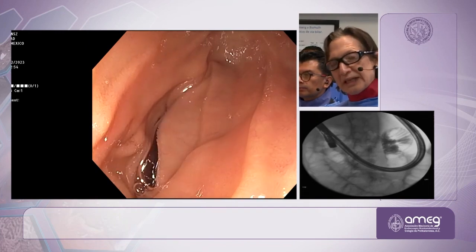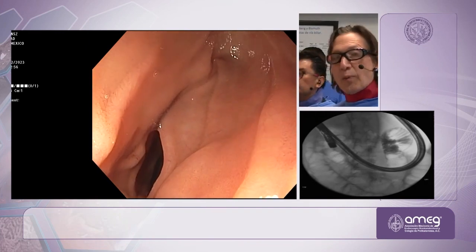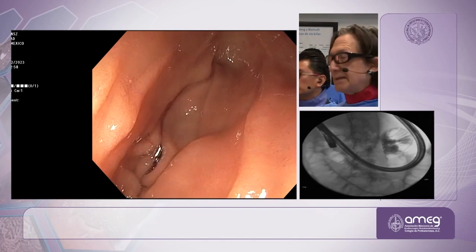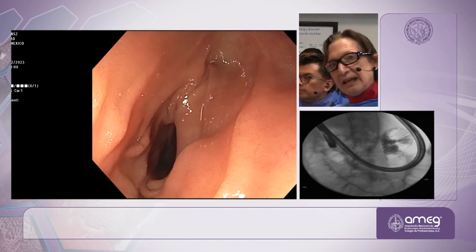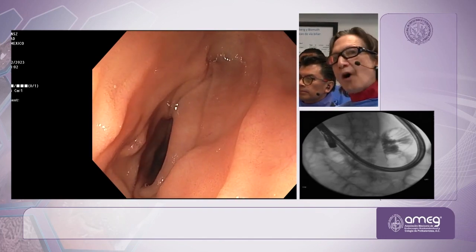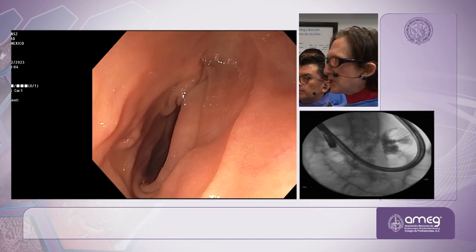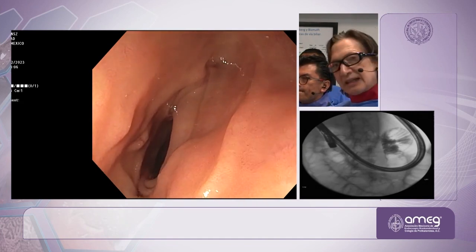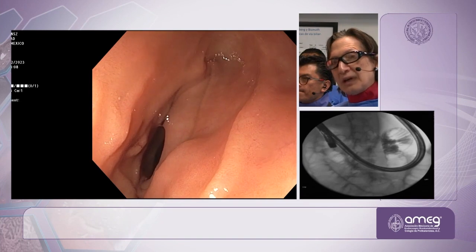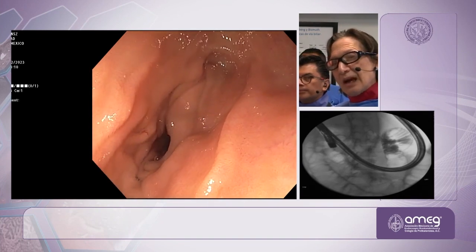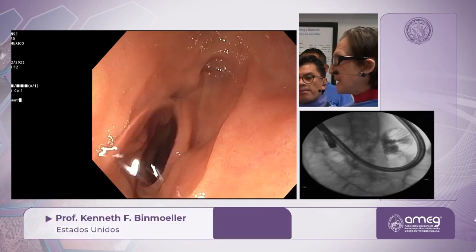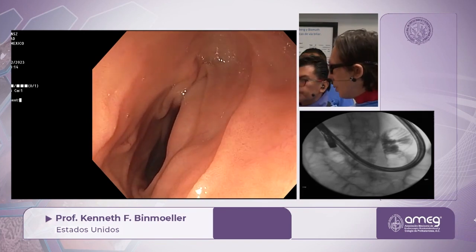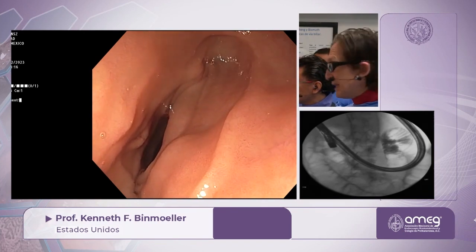Now, the most important is to understand the small bowel anatomy before you begin. So I have passed the gastroscope as far in as I can get, and I think I'm somewhere, if you look on the endoscopic image, I'm somewhere between D3 and D4, almost at the ligament of Treitz. So if we step on the fluoro, and I want you to show the fluoro image, please.